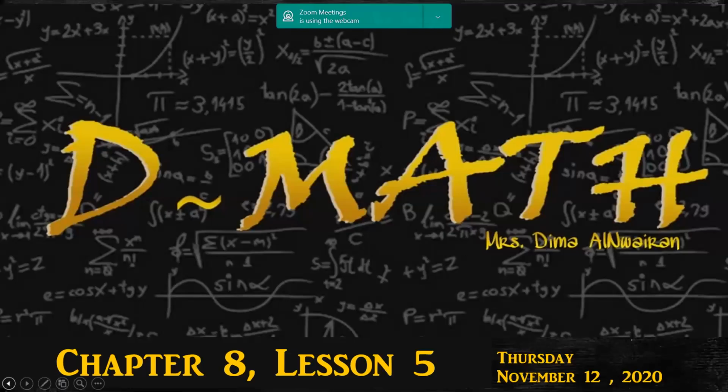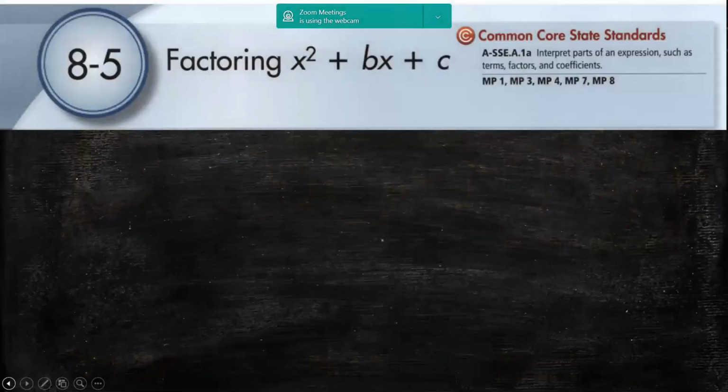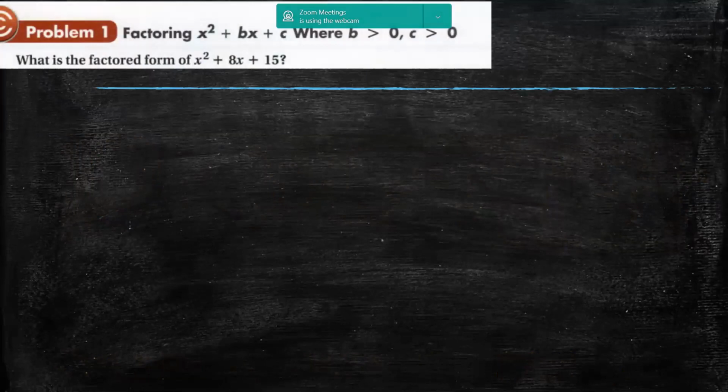Now, let's continue our lesson, which is talking about factoring x squared plus bx plus c. We learned how we can write the factored form of this trinomial expression. The first step, we open two brackets and write the two variables.